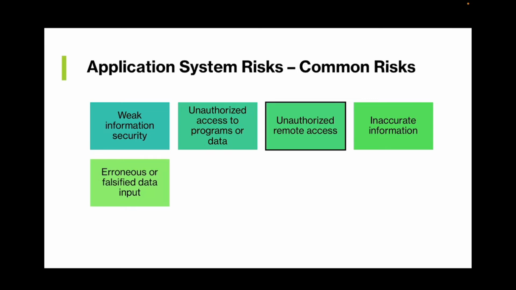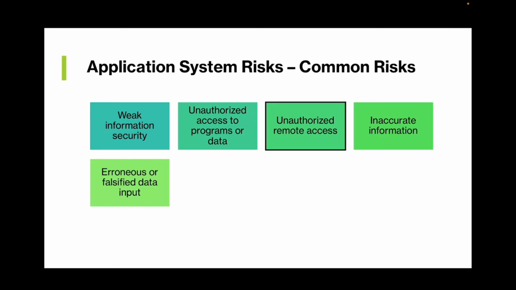So next, erroneous or falsified data input. Erroneous data input is when inaccurate data are inputted into the application system unintentionally due to human error. There can be preventive measures, which will be discussed later, such as check digit and double entry.